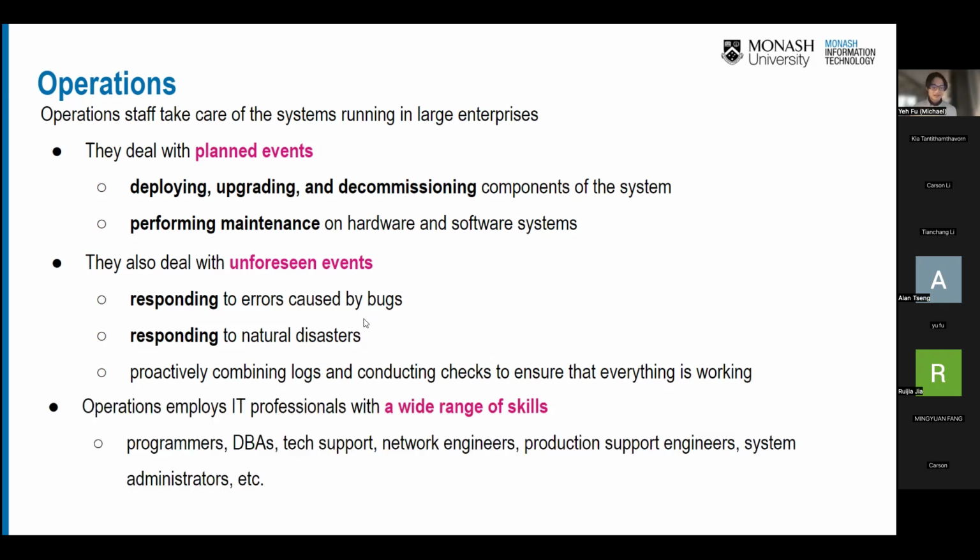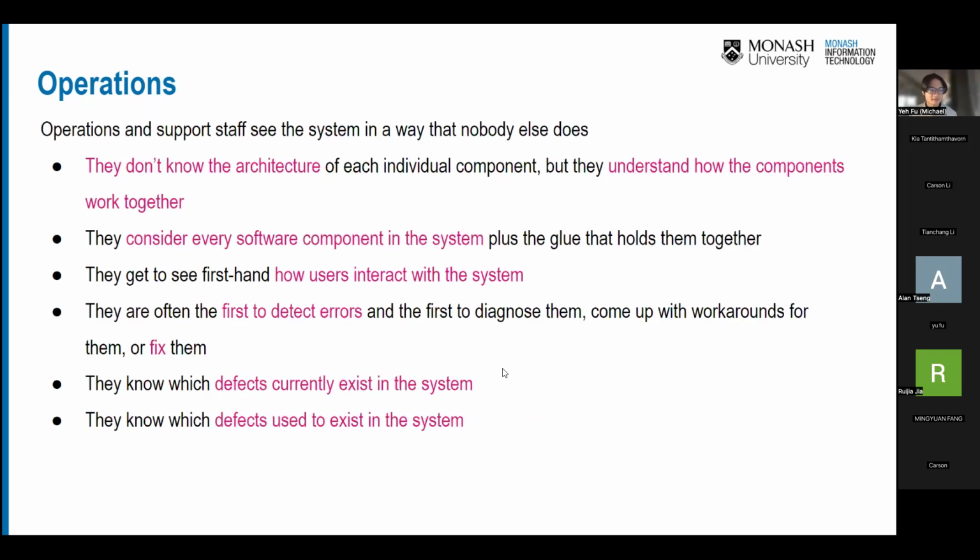We can imagine that in the operation team, we need to employ IT professionals with a wide range of skills, like programmer, DBA, tech support, network engineer, and also hardware engineer.